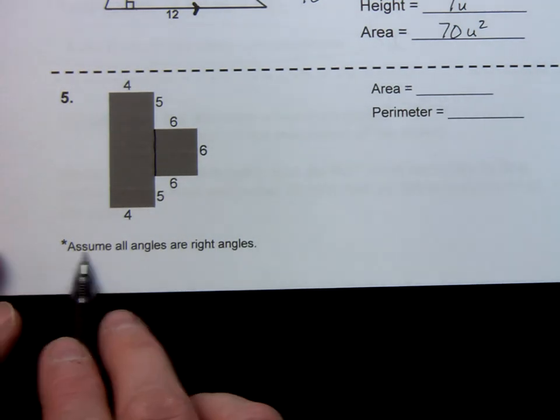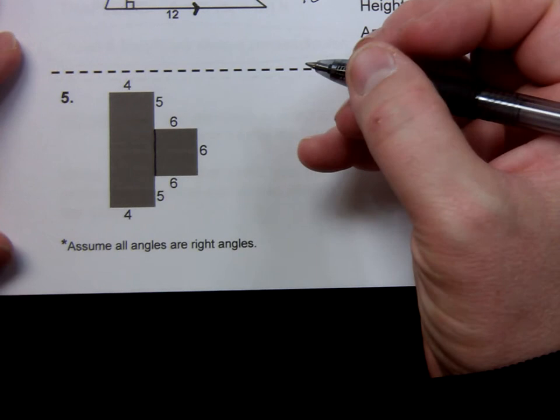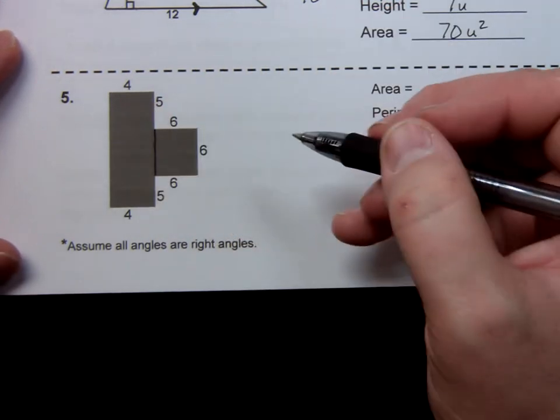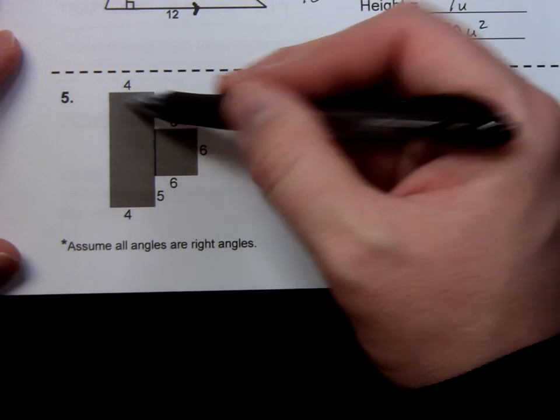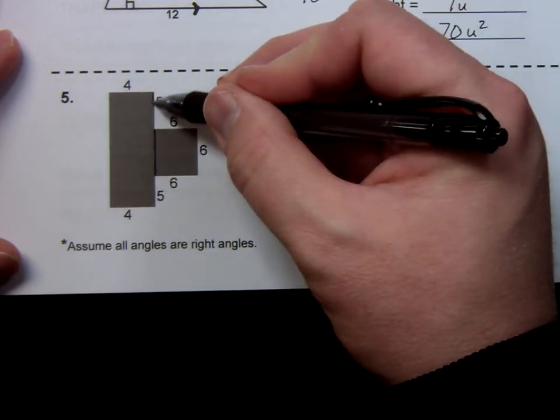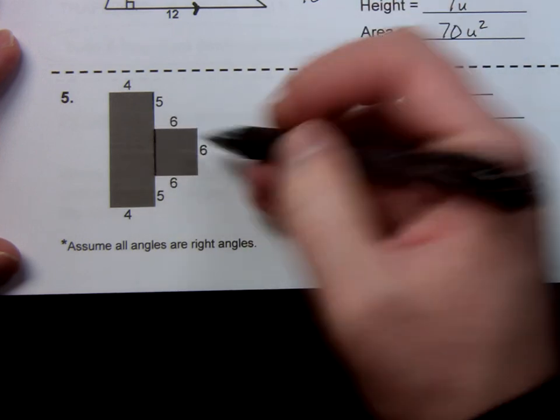Notice we are assuming that all these angles here are right angles. So these will be squares and rectangles. All right, so for area of a rectangle, it's just length times width. So focusing on this rectangle first, I need to know what this length is right here. So I see this is 5. I see this is 6 because opposite sides are congruent.